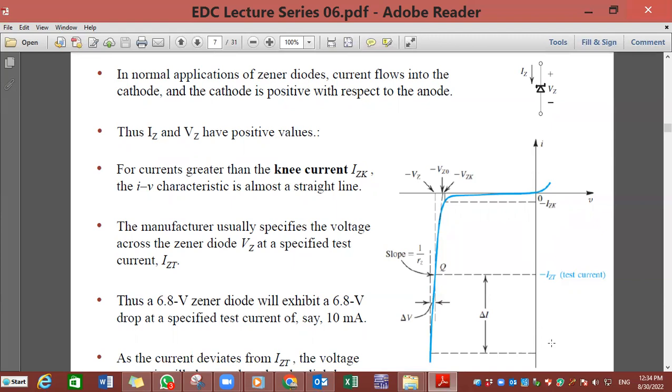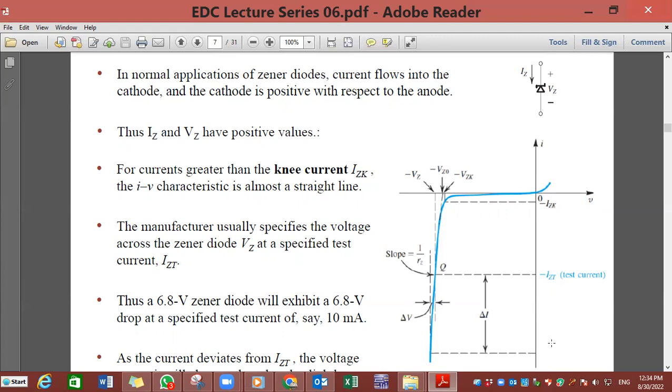I also tell you one more point: the Zener diode's data sheet does not mention the maximum current that the Zener diode can handle. Rather, the rating is given in the form of the maximum power that it can handle. From this maximum power, we can easily find the maximum current that the Zener diode can pass.